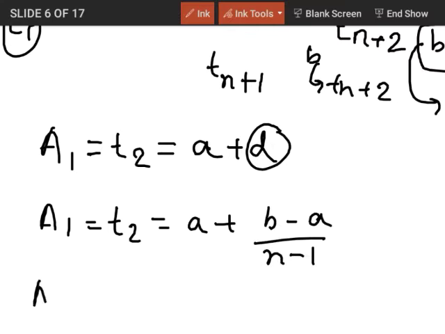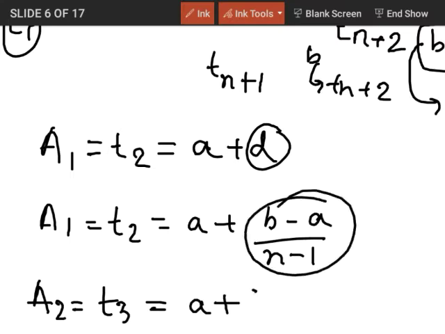Now tell me the second arithmetic mean, that is T3. The third term will be a plus (3 minus 1) multiplied by d, so this will be 2 multiplied by (b minus a) upon (n plus 1).